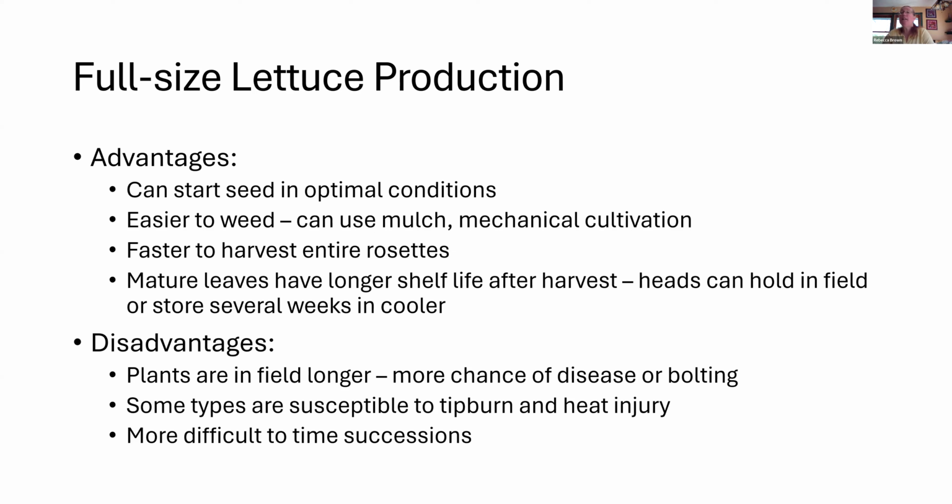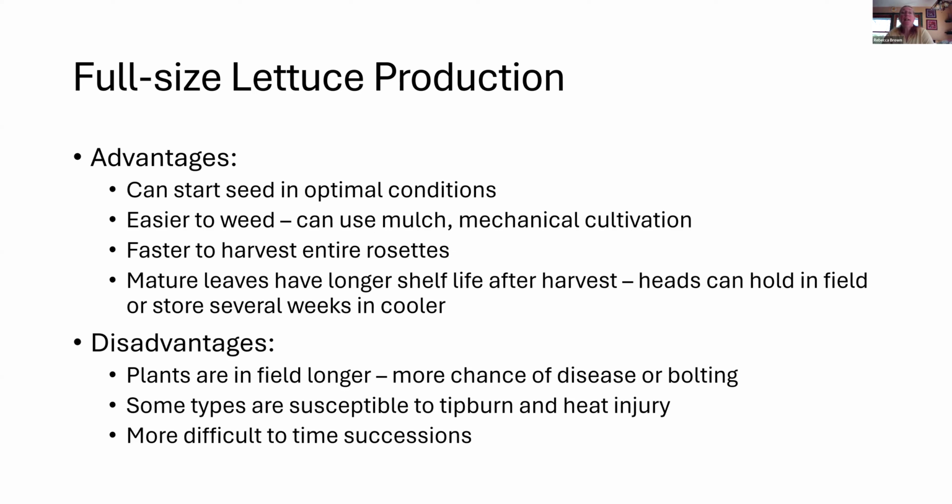And even lettuce mix, salad mix, made with the one cut varieties has a longer shelf life than salad mix made with true baby. And that's because mature leaves have thicker cuticles, they have heavier cell walls, and they're just much more resilient to handling. They don't bruise as easily, and they don't dry out as quickly.